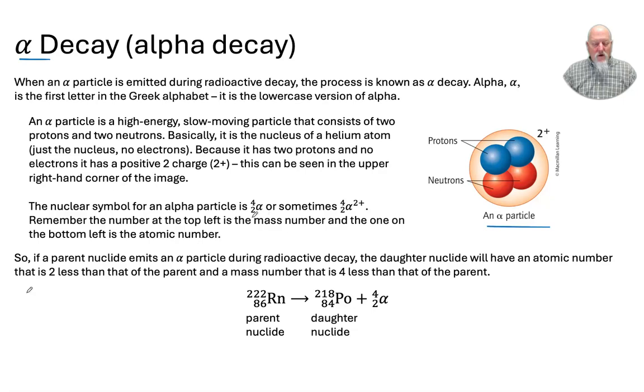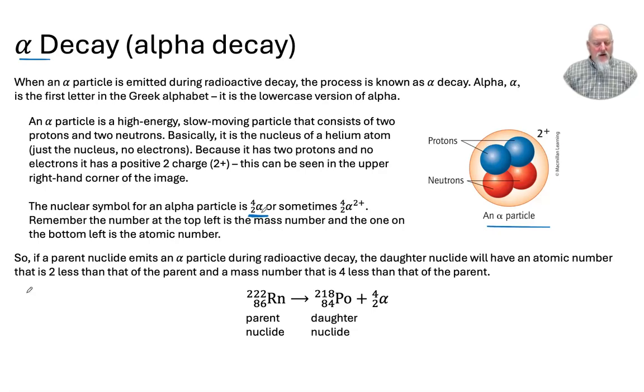All right, so the symbol for an alpha particle is alpha with a 4 and a 2. And remember, those numbers are what we talked about when we were doing symbols for isotopes. The top is the mass number, so that's the number of protons and neutrons, and we can see that's 4 because there are 2 protons and 2 neutrons in an alpha particle.